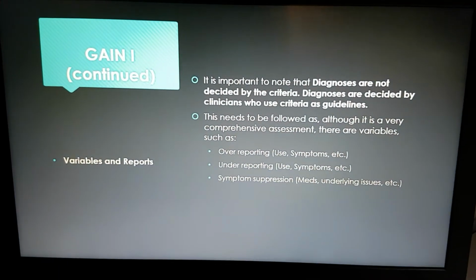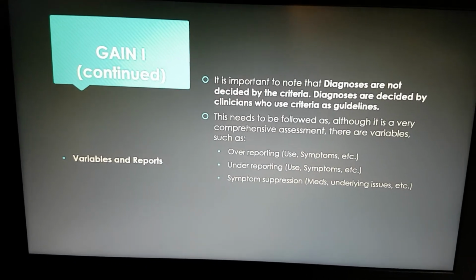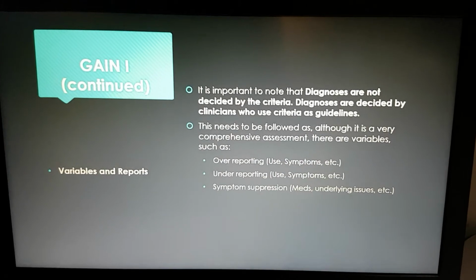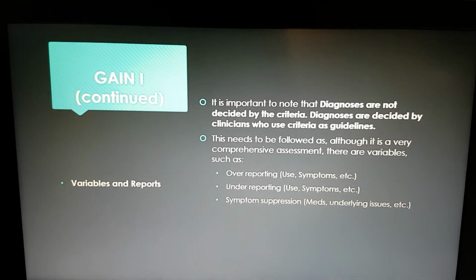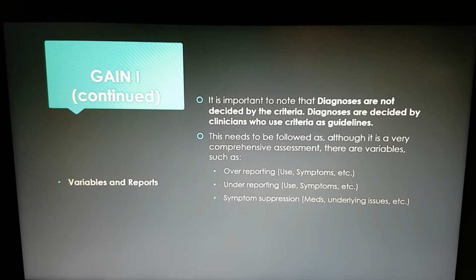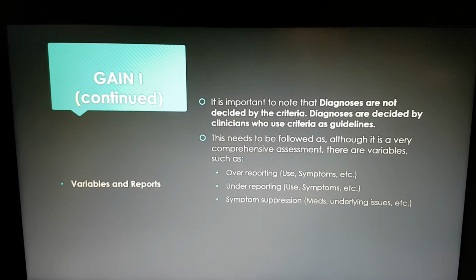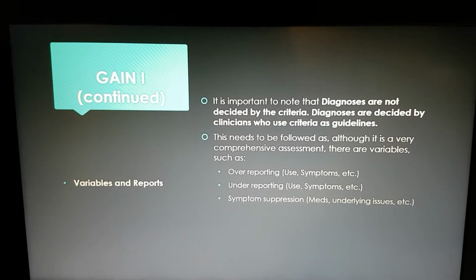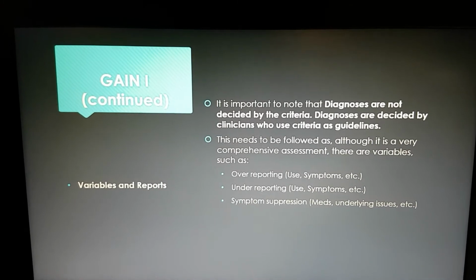So next, we're going to talk about some variables in the reports, because we are dealing with people, and obviously people make mistakes, people sometimes don't tell the truth. So these are all variables that we can go over. It's important to note that the diagnoses are not decided by the criteria. Diagnoses are decided by clinicians who use criteria as guidelines.